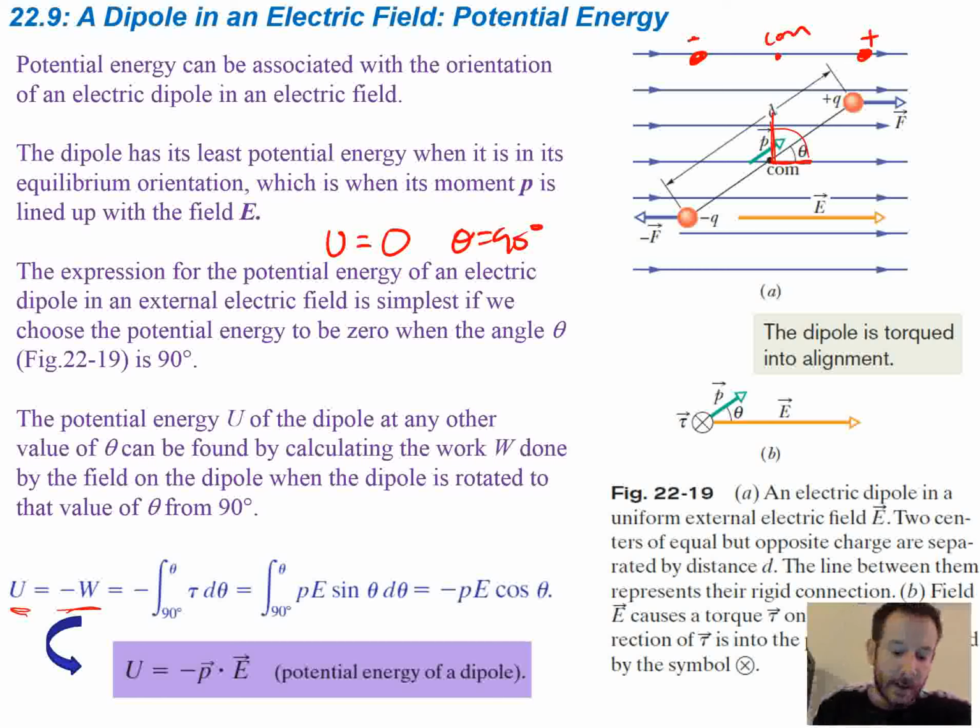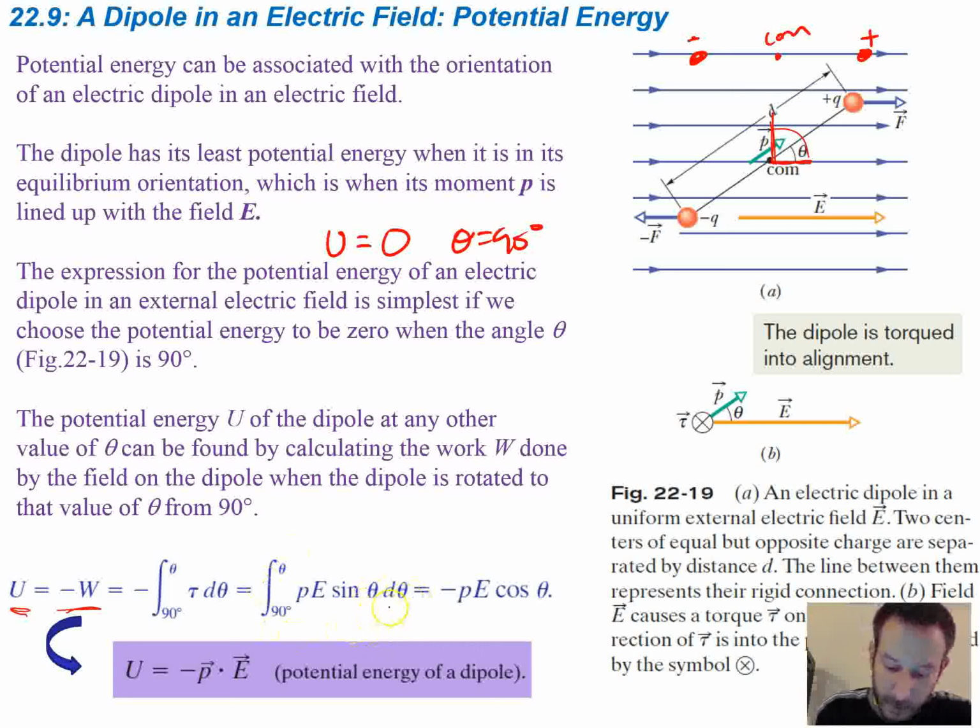And we can find that with the integration of torque. So you have negative times the integral from 90 degrees to some angle theta, right? Because you're starting at 90, you're going to some other angle, and then you have torque d theta. Well, we know the torque is the dipole moment times the electric field, sine theta, d theta.